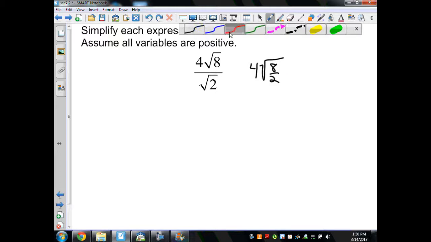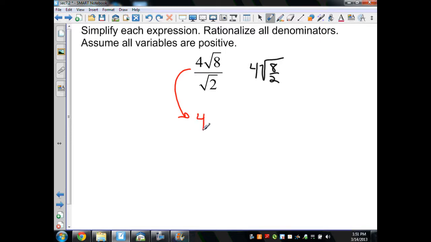But the quickest way to perform this operation is, as I said on the previous slide, to just rewrite it as 4, and knowing that 8 divided by 2 is 4, that has to go under that radical. So I know I can go from here right to here. If I want to, I can rewrite it this way, and then that would put me back down to here, but this is just quicker. Now I know the square root of 4 is 2, 2 times 4 is 8.